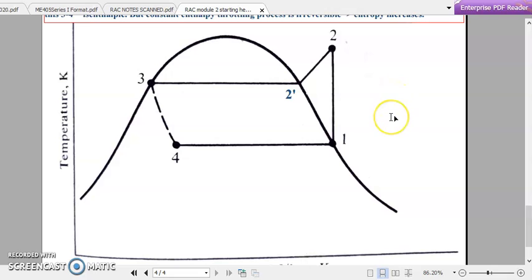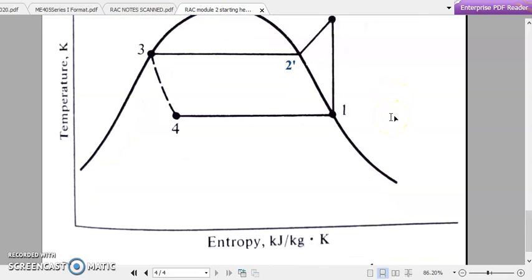So that is why in the TS diagram, the 3 to 4 process will be represented as a dotted line, and at the same time the entropy is going to increase during this throttling expansion process. And since this is an irreversible process, we are representing it as a dotted line.